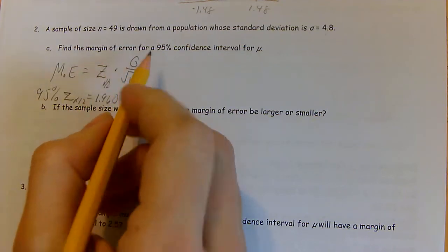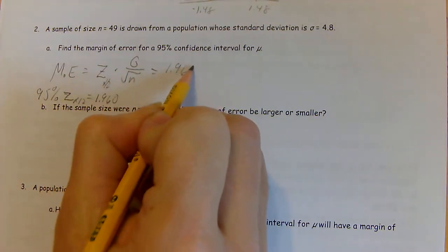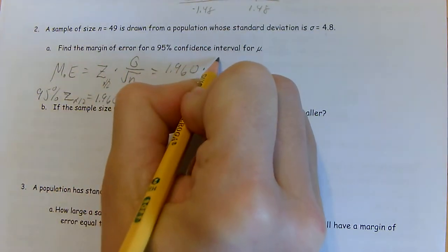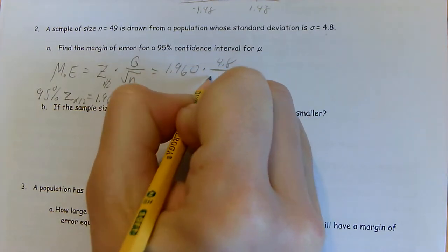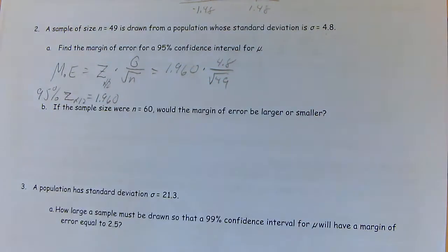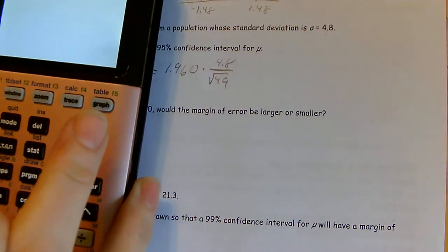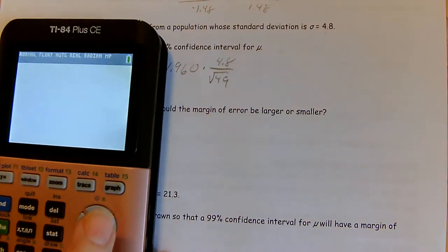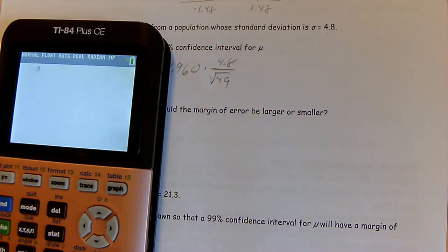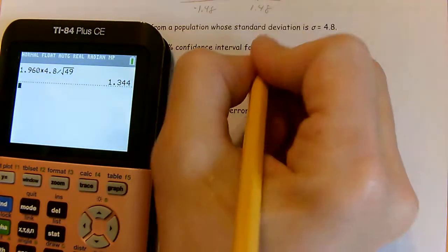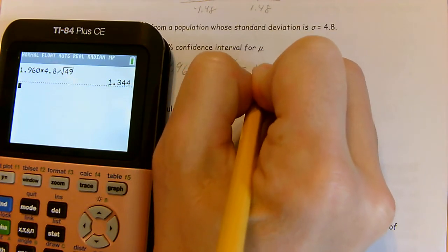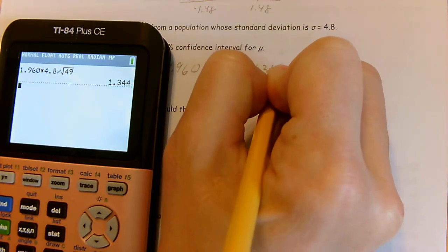Now I have everything I need to calculate my margin of error. 1.960 times 4.8 divided by the square root of 49. So the margin of error is 1.344.